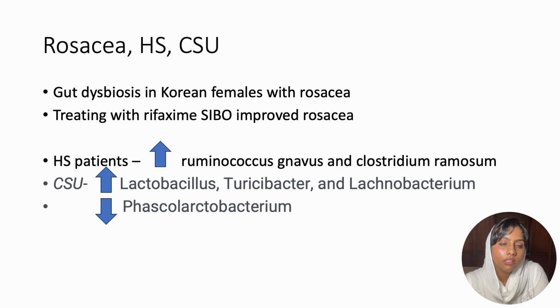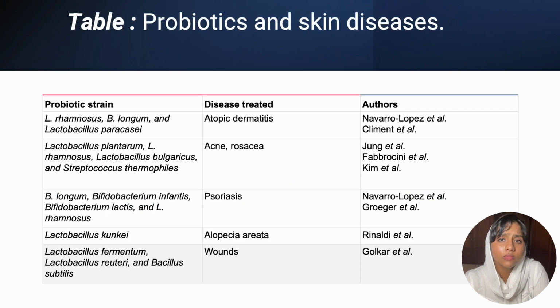Similarly, one study in Korean patients about the gut microbiome and rosacea found that treatment with rifaximin improved the rosacea. Basically it means it's probably because of bacterial overgrowth. Similarly, other bacteria have been found to influence diseases like hidradenitis and chronic suppurative urticaria.